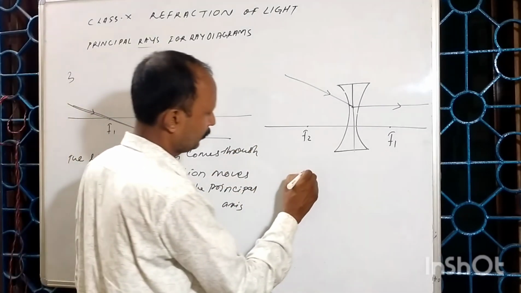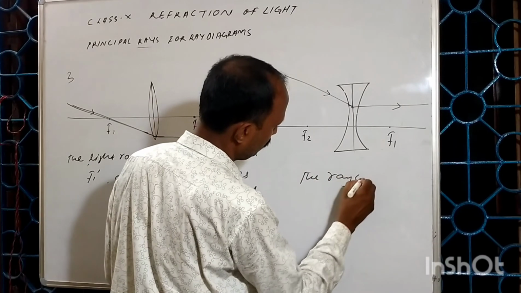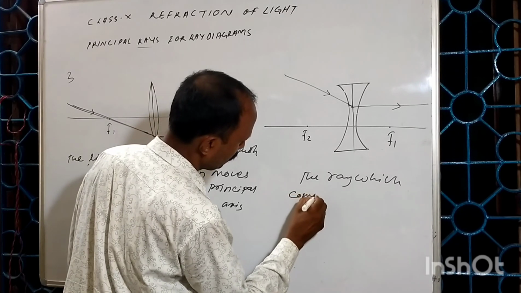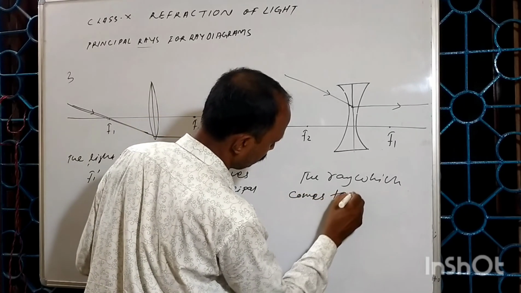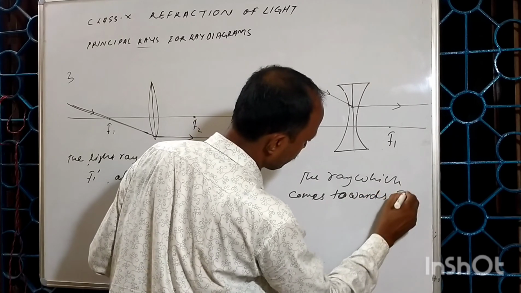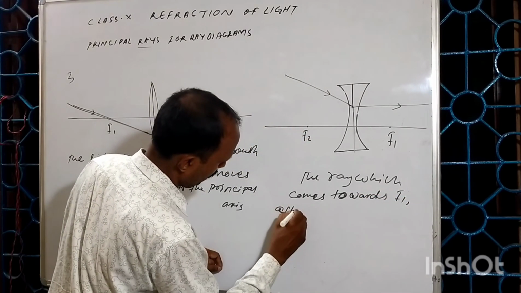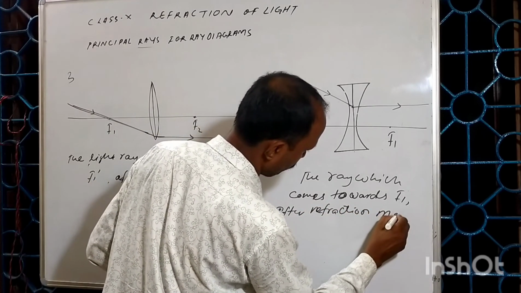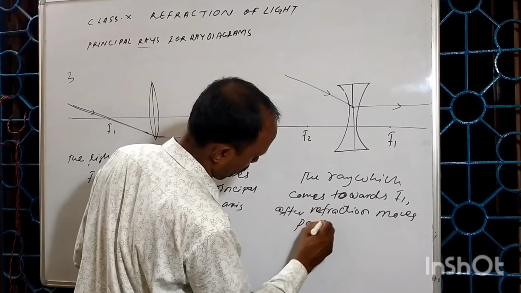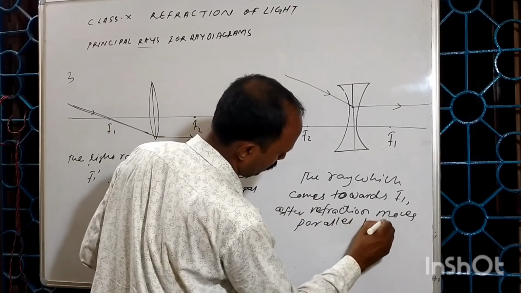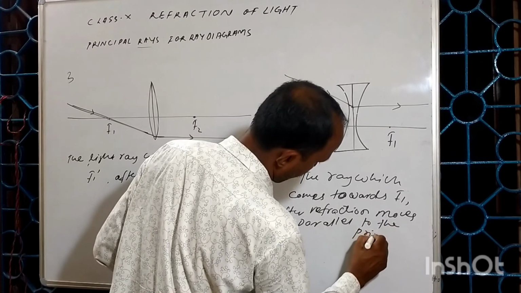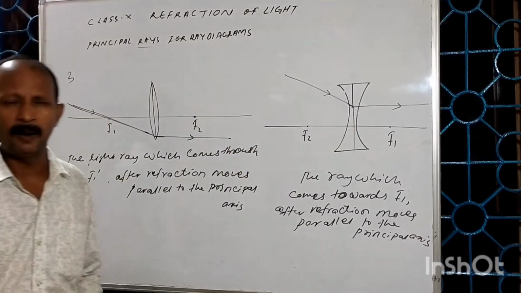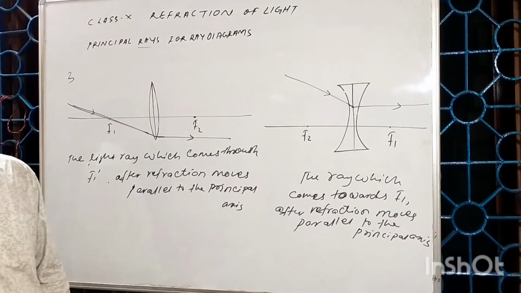In the concave case, the ray which comes towards F1, after refraction, moves parallel to the principal axis.